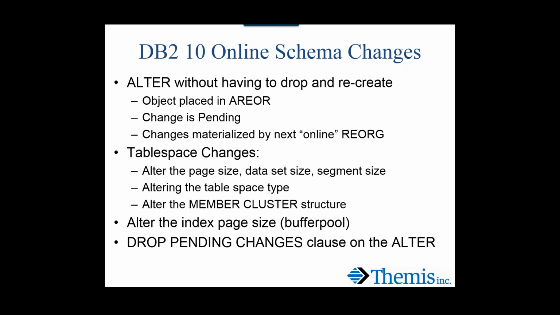Okay, so when you do the alter in version 10 on one of these things, it actually just kind of records the change as something that's going to happen in the catalog, and then you have to run a reorg to actually accomplish that change. Okay, so a lot of shops have been making use of this particularly to migrate their older kinds of table spaces to universal table spaces.